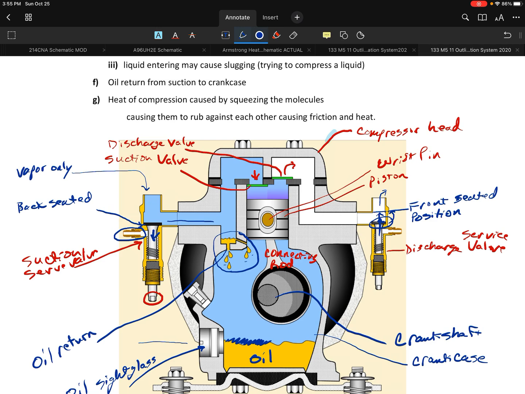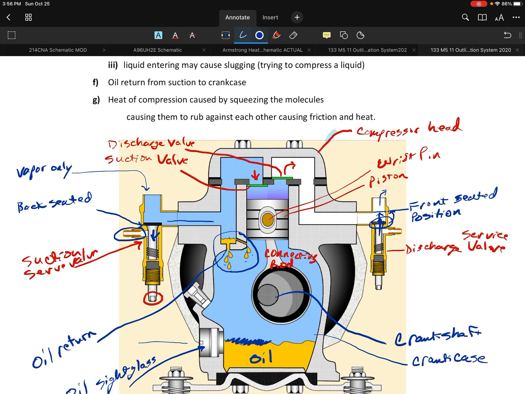So that's kind of a little bit of a problem. Now, the liquid refrigerant entering should never really happen, and we have systems that should allow us to control that. Now, in the video or in the PowerPoint, we had talked a little bit about liquid entering may cause something called slugging. And what we meant by that in that PowerPoint was that it was trying to compress a liquid, and now obviously that creates a problem.